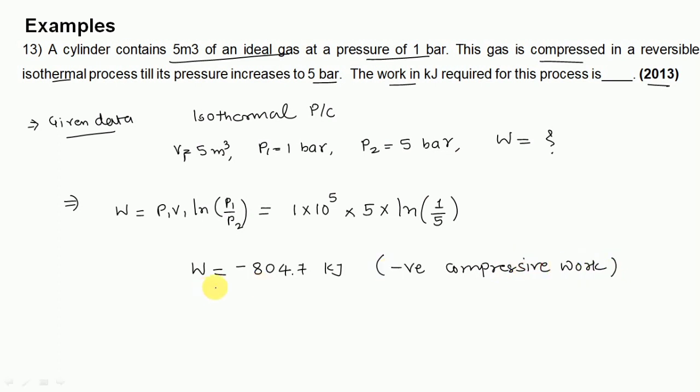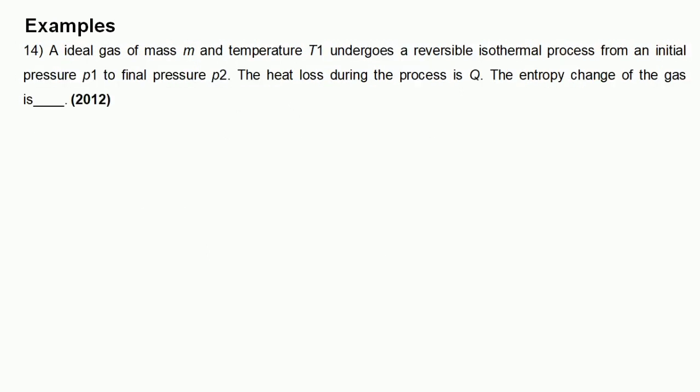If you want to remove the sign, this is the compressive work, 804.7 kilojoule. So this is the value of work done for the compression. So let's start with the next example.